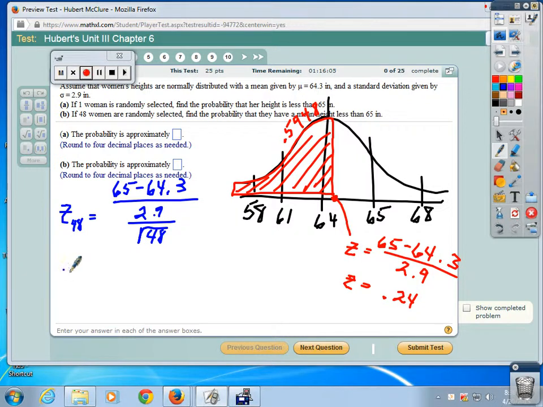So z of 48 is equal to 65 minus 64.3 over 2.9 divided by 6.9. Now do that denominator first. And what do you come up with? 2.9 divided by 6.9.